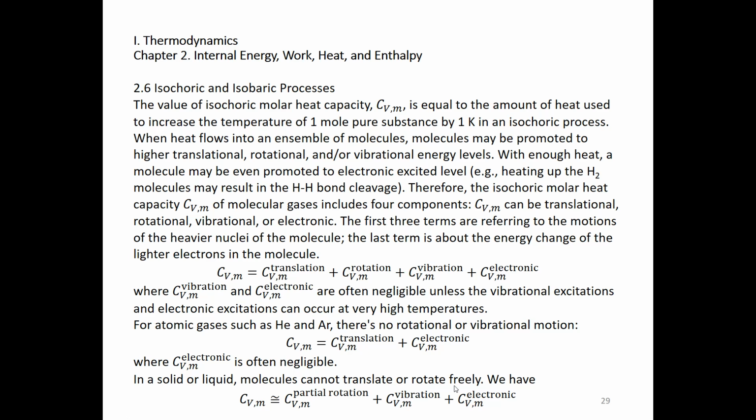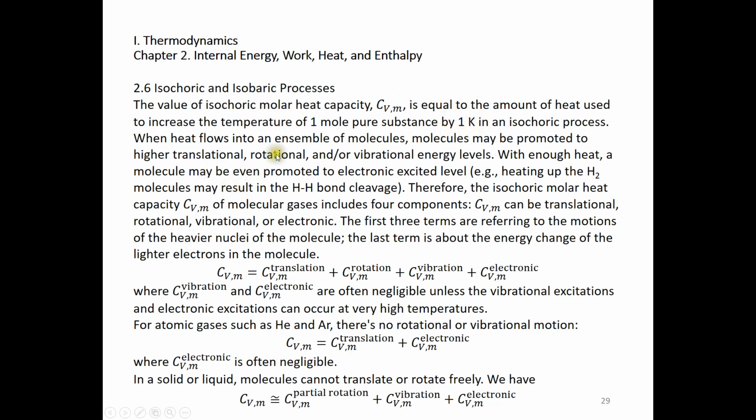The value of isochoric molar heat capacity is equal to the amount of heat used to increase the temperature of 1 mole pure substance by 1 Kelvin in an isochoric process. So a few things. This V stands for isochoric, this M stands for molar, and heat capacity is dq_V over dT. Therefore, we have to say per unit temperature here.